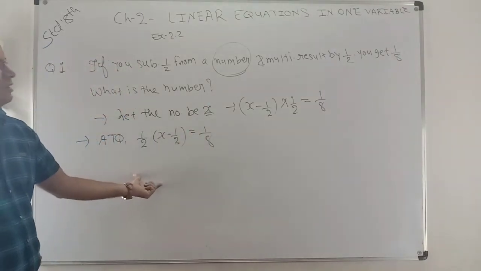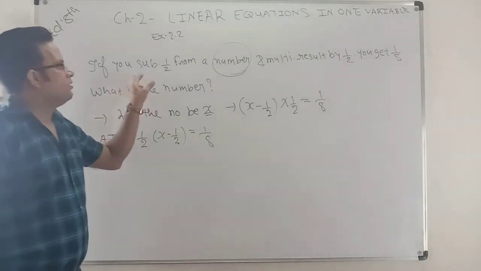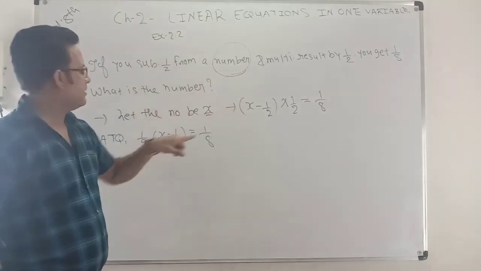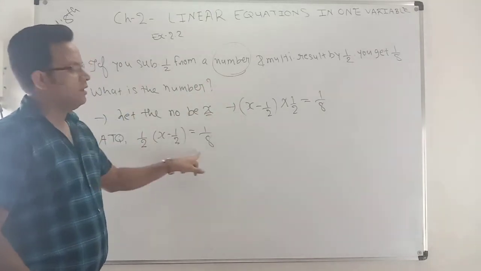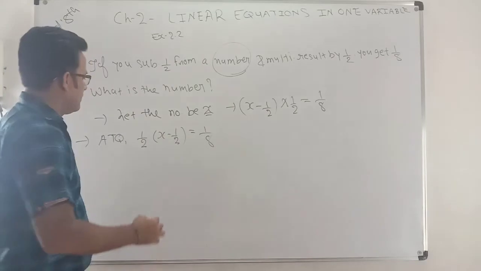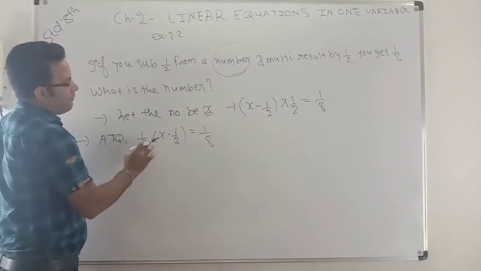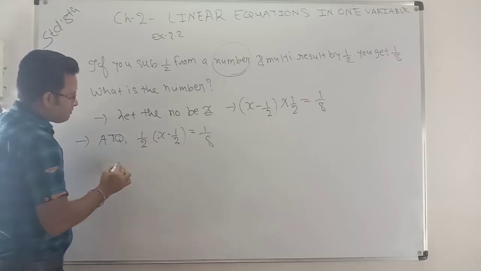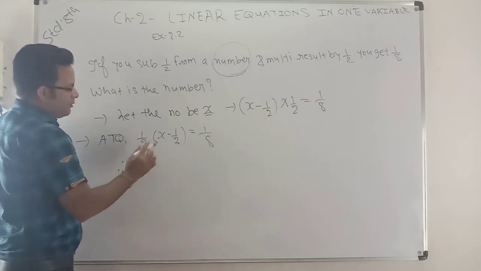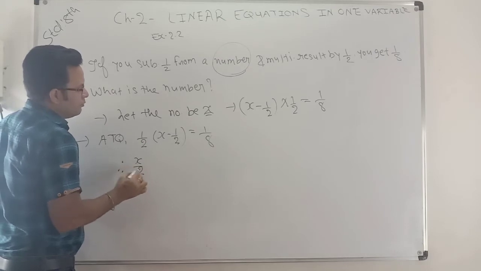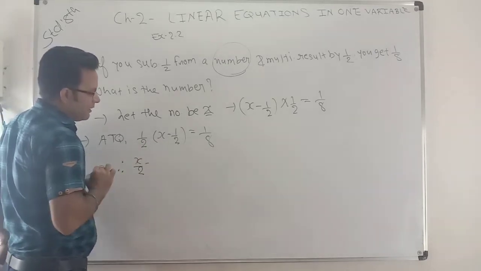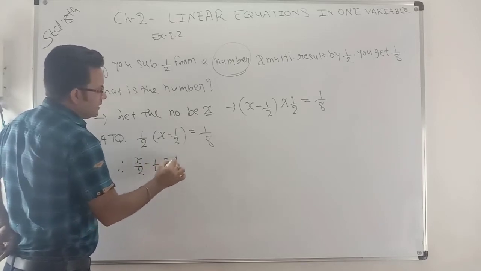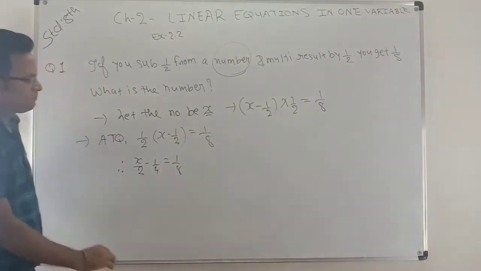This is the condition given in the question. Now if you multiply half with this x and minus 1 upon 2, see, half into x means x by 2. Now which sign is given? Minus. 1 ones are 1, 2 twos are 4 is equal to 1 upon 8.